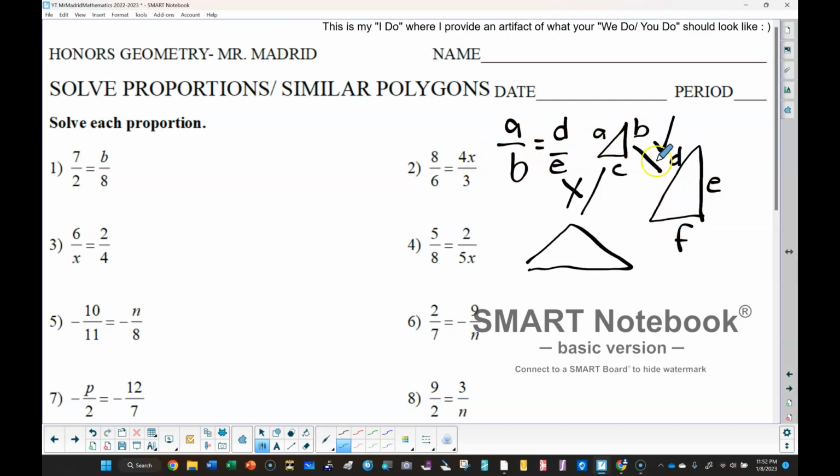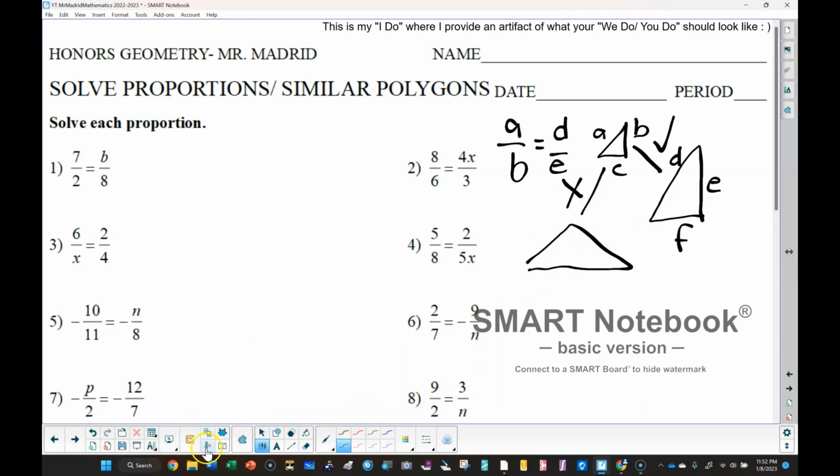They wouldn't match. But when you have similar figures, the corresponding sides that produce a ratio, or a proportion, will equal the corresponding sides for the similar triangle. So that's pretty much the lesson in a nutshell.